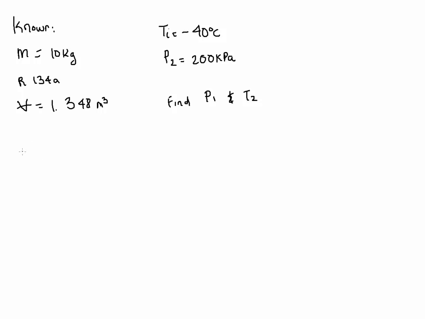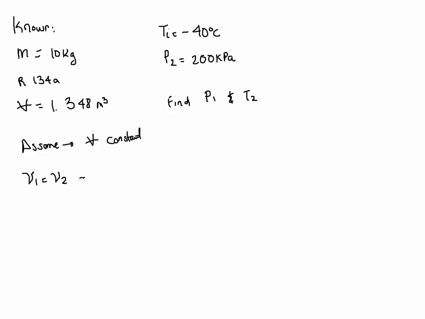Okay, to do this, we're going to assume that we have a constant volume, since it's a rigid container. So then what we're going to use is the idea that the specific volume at the first stage, V1, is equal to V2.